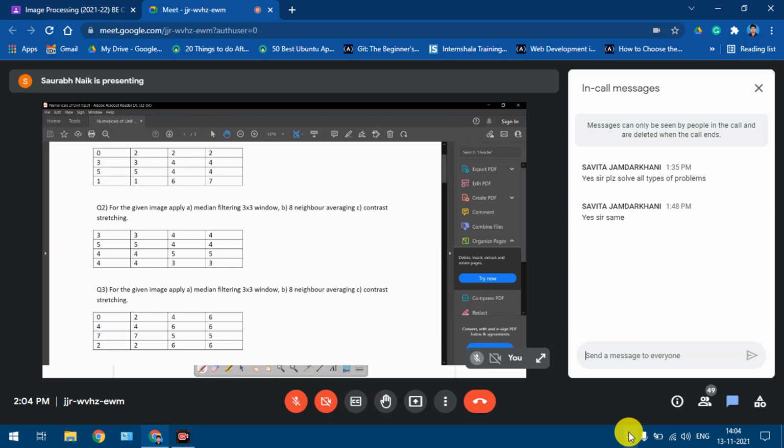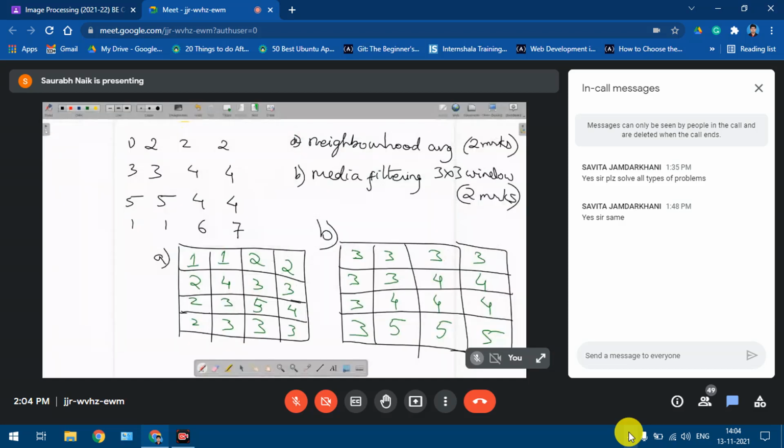I didn't get my book. Does anyone remember what the equation for linear transform is?